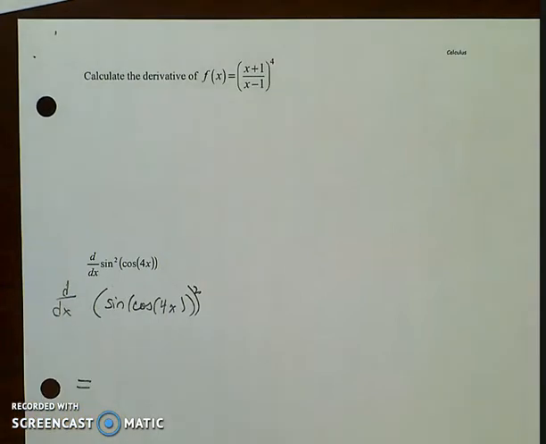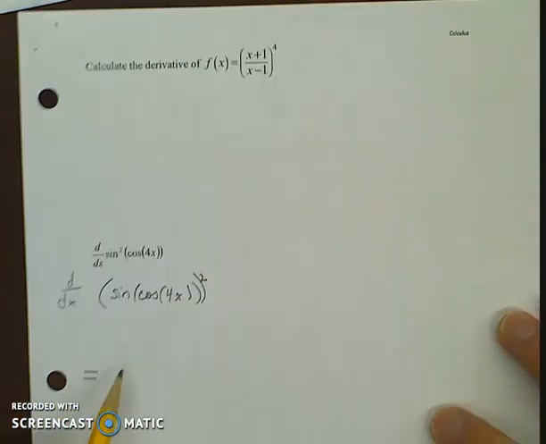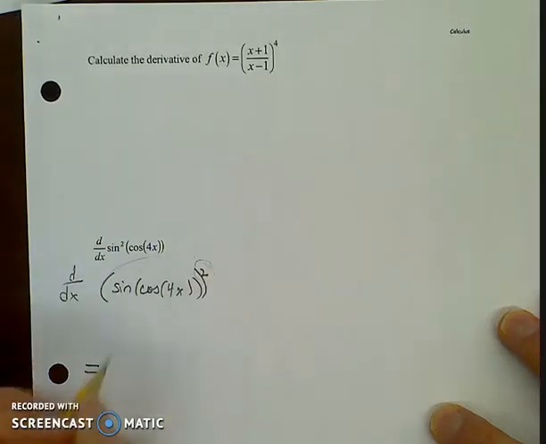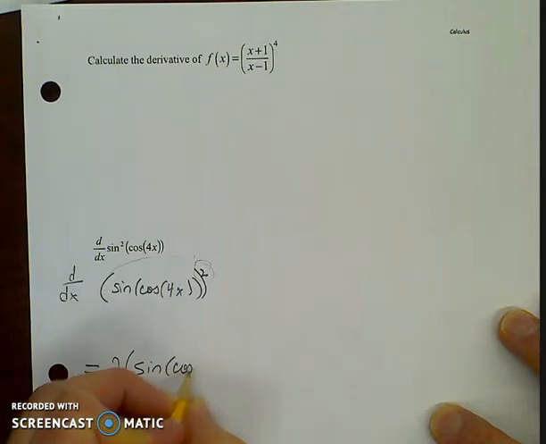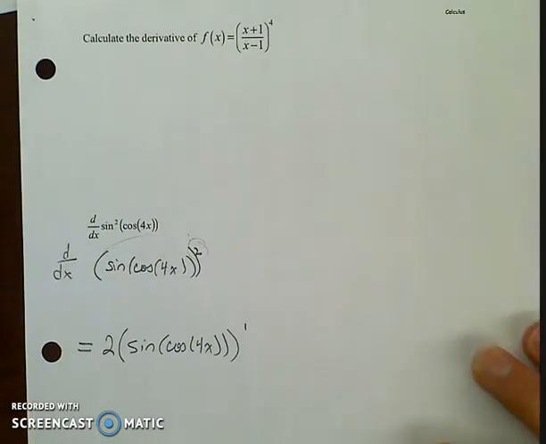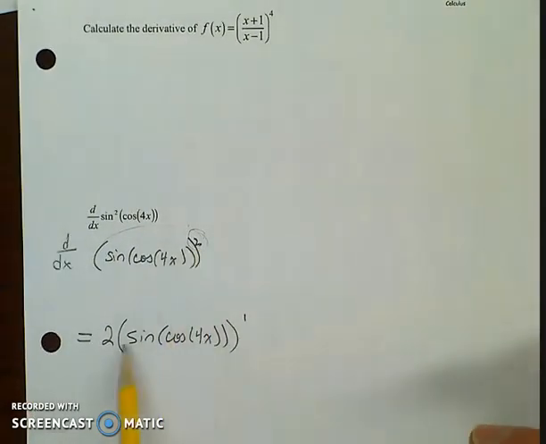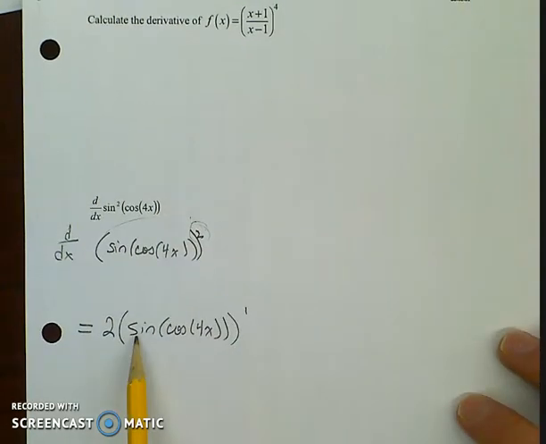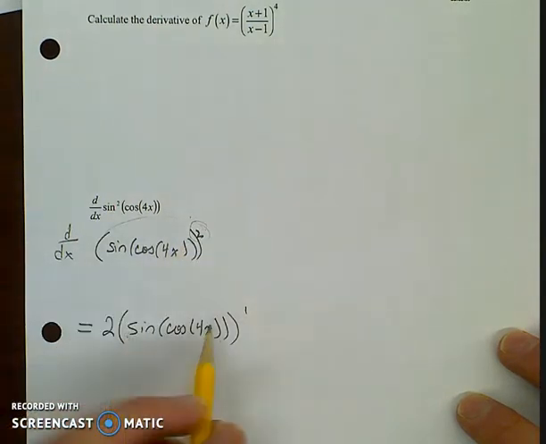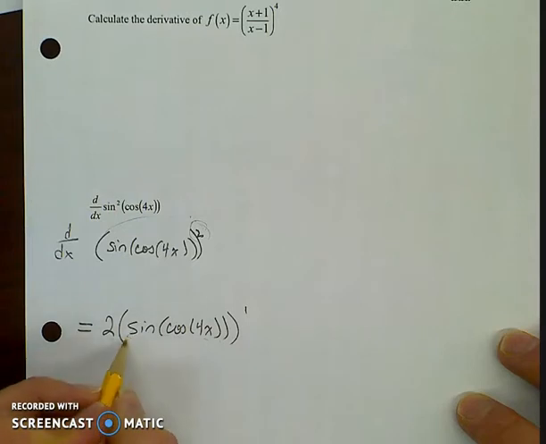So the derivative equals the derivative of the outside, that's the outside, 2, keep the inside the same, to the first. So, the derivative of the outside, keeping the inside the same. But notice that we have to take the derivative of the inside. So we took the derivative of that, now we have to take the derivative of the inside. Well, that's another chain rule.